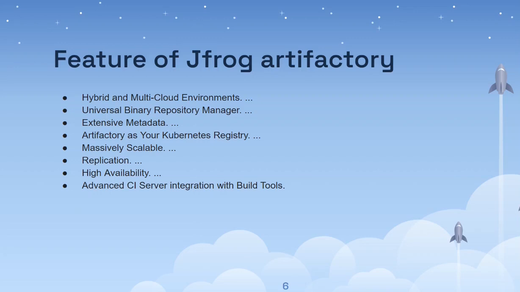It will work as a Docker registry, and also as a Kubernetes registry. It is massively scalable, and while we are scaling it we are not compromising on high availability, so there are very few chances of any failure. JFrog guarantees us high availability and replication.